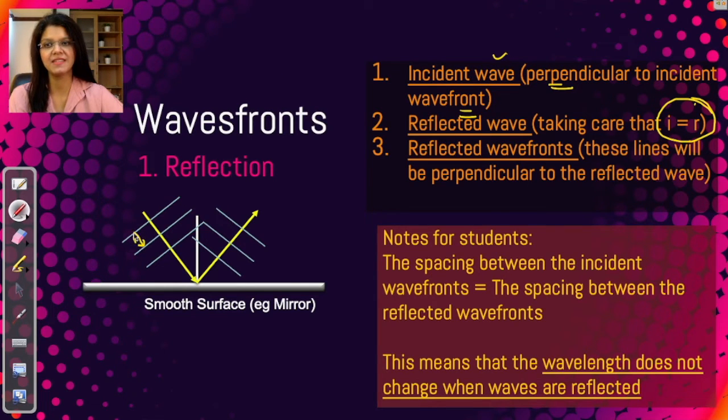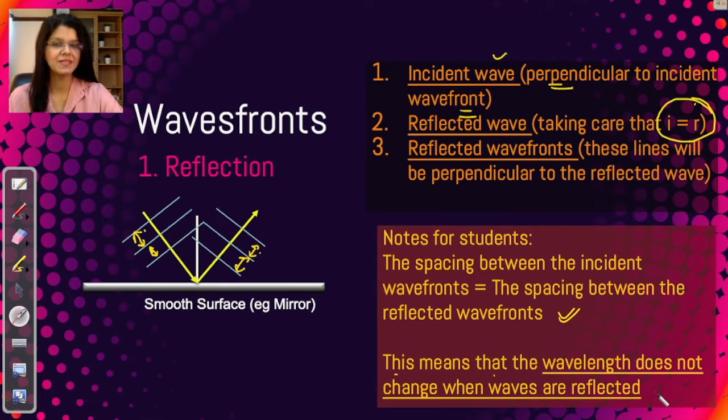The perpendicular spacing should remain the same everywhere, be it at the incident side or be it at the reflected side. Why? Because this means that the wavelength does not change when the waves are reflected.